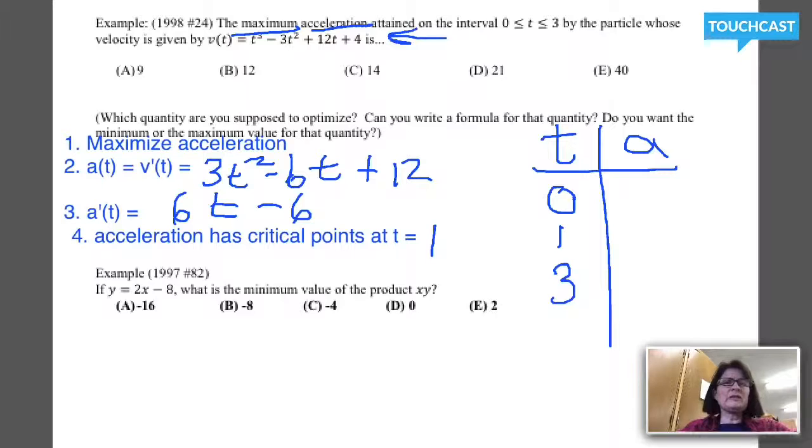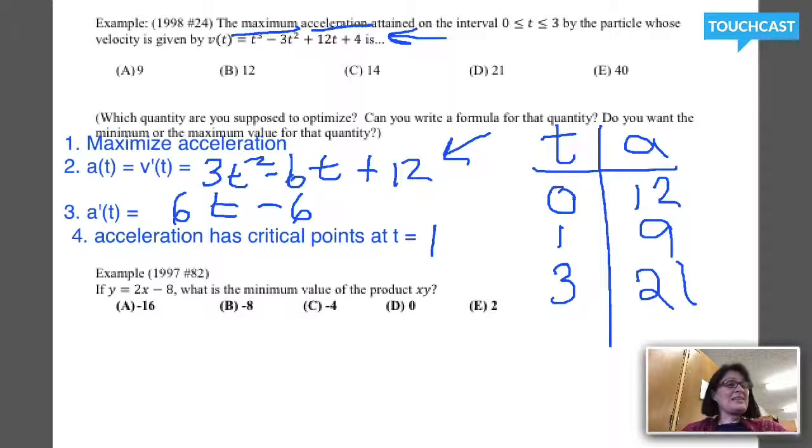So here's my acceleration function. Don't go plugging into something else. My acceleration at time 0 is 12. My acceleration at time 1 is 3 times 1 squared is 3, minus 6 is negative 3, plus 12 is 9. And my acceleration at time 3 is 3 times 9 is 27, minus 18 is 9, plus 12 is 21.